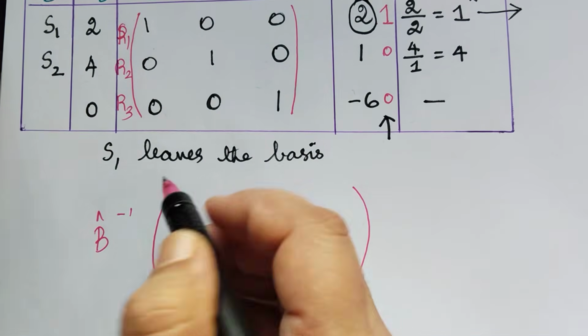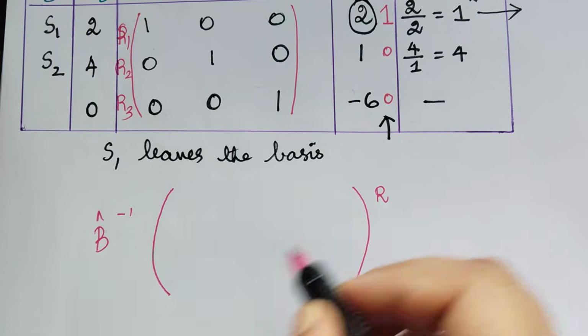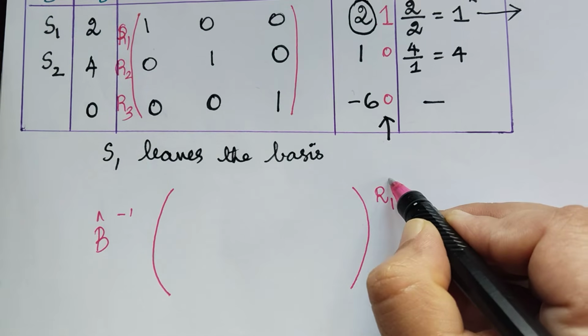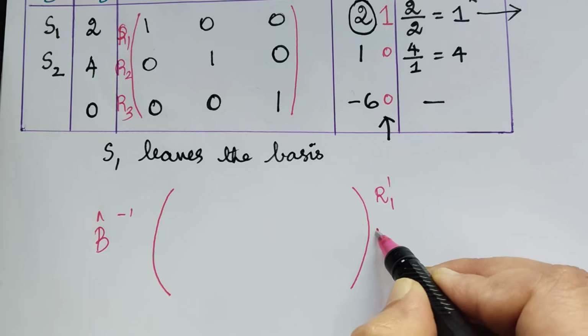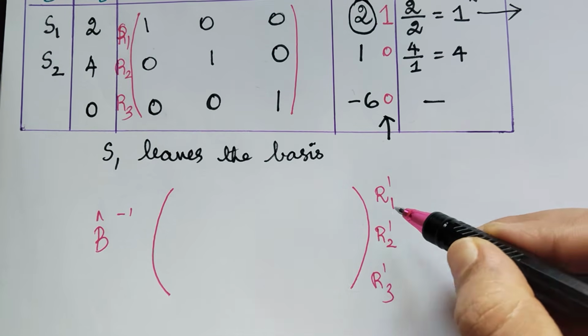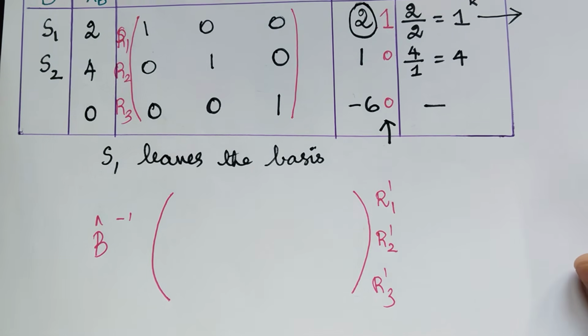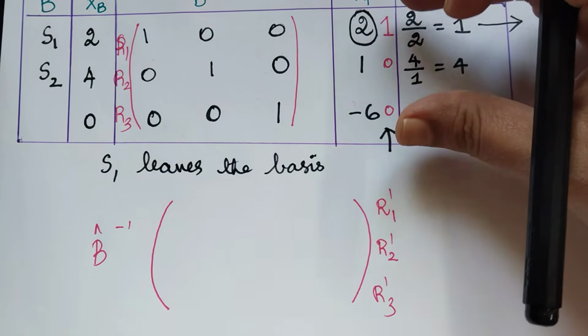Now we have to change this and find a new matrix where we have to find new rows, which we will represent as row 1 dash, row 2 dash, and row 3 dash. So we have to find all this row 1 dash, row 2 dash, and row 3 dash. So how we will do that? For that we will make use of this key column.